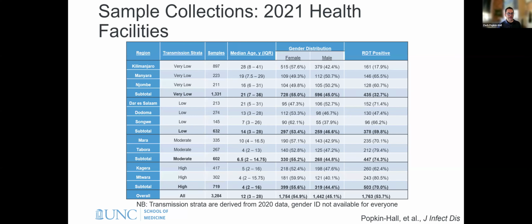So all of that, which is to say that those strata may not necessarily correspond to the situation in 2021. And also that those strata are determined by Plasmodium falciparum transmission intensity, so not necessarily expected to match what we see in other species.